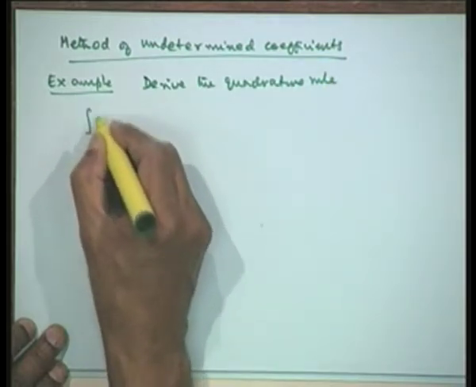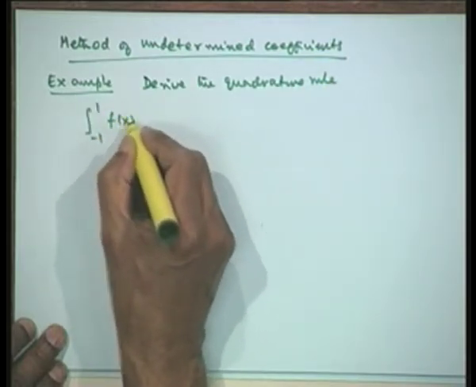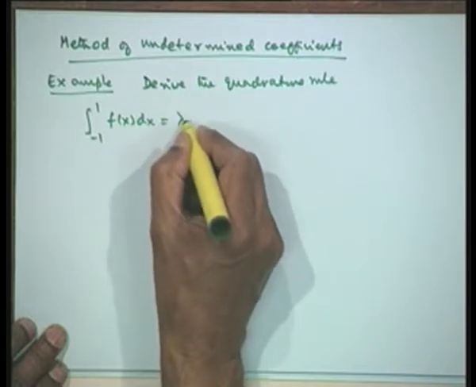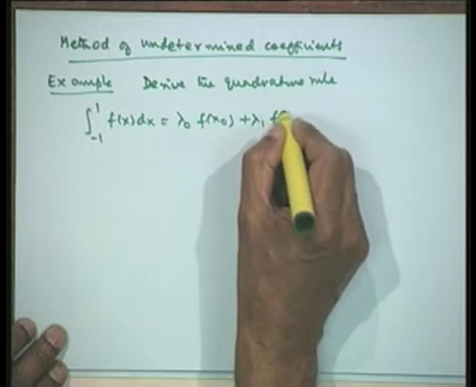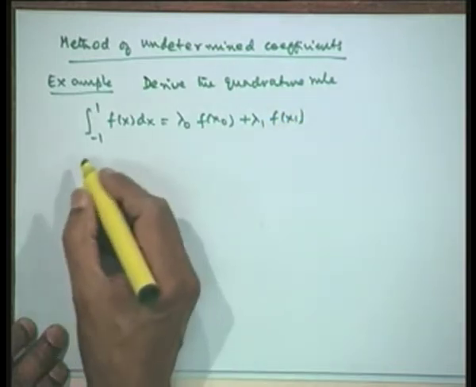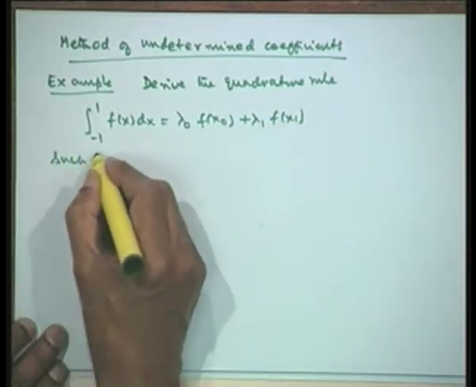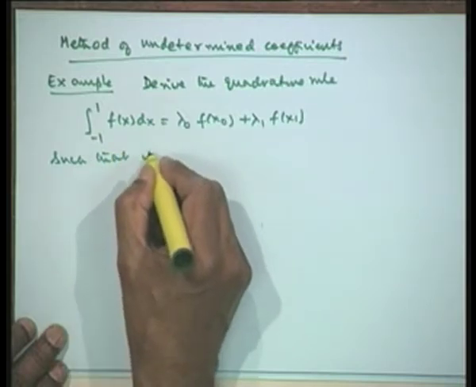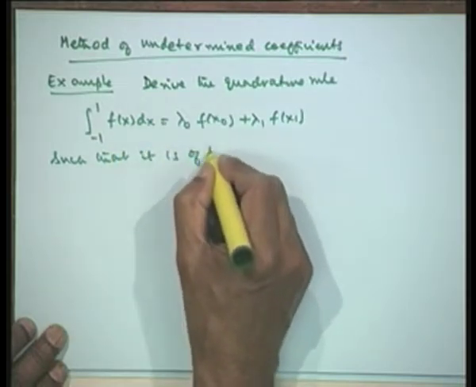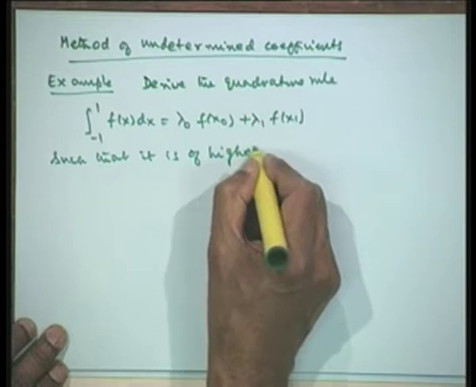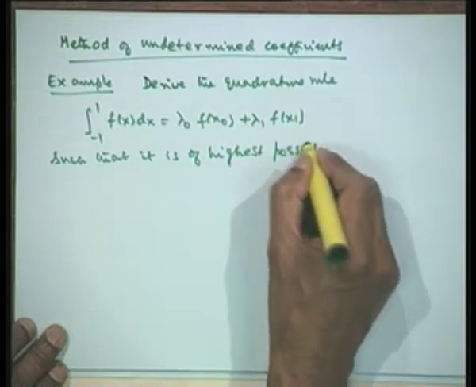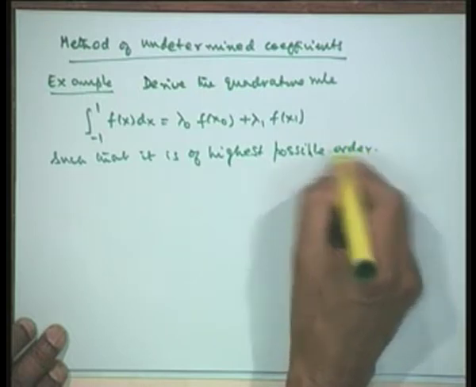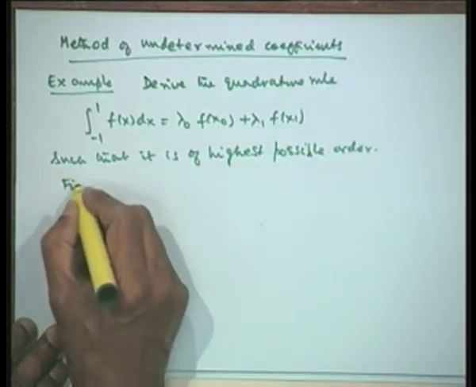Let us take the one that we know very well: integral from minus 1 to 1 of f x dx is lambda 0 f x 0 plus lambda 1 f x 1, such that it is of the highest possible order. Find the error term.